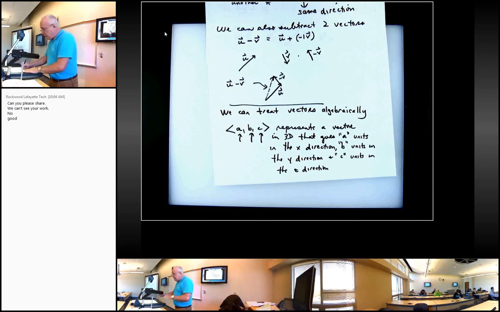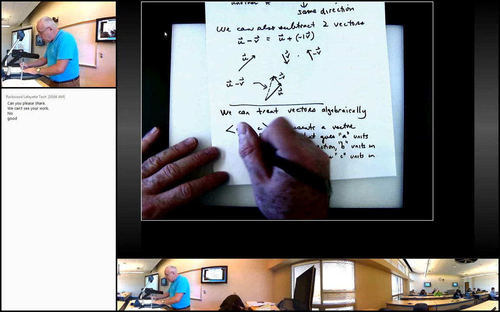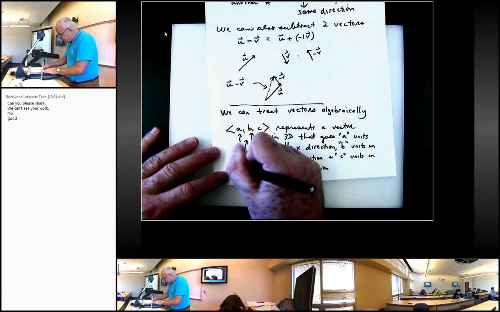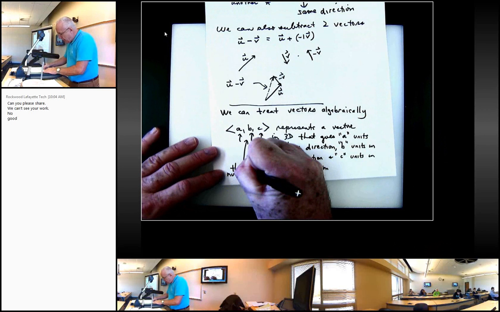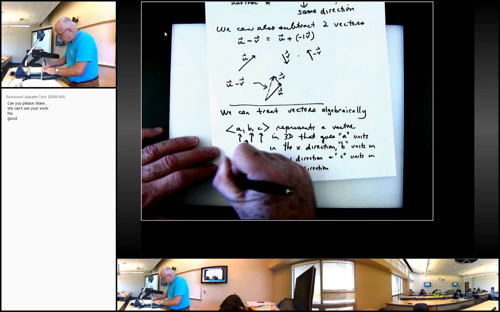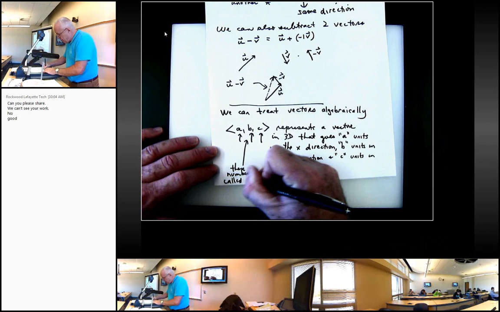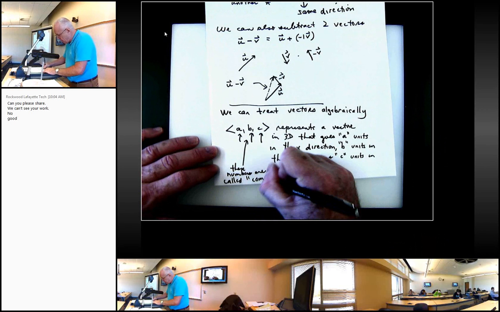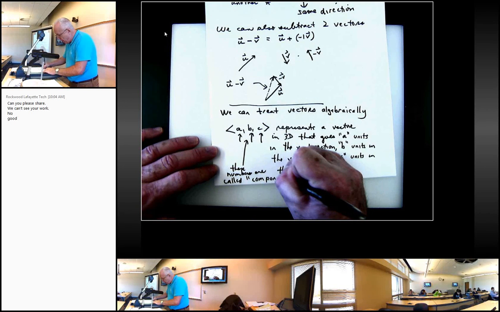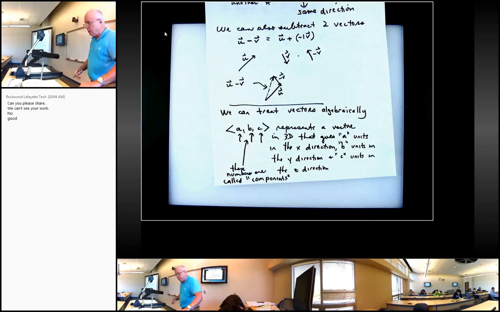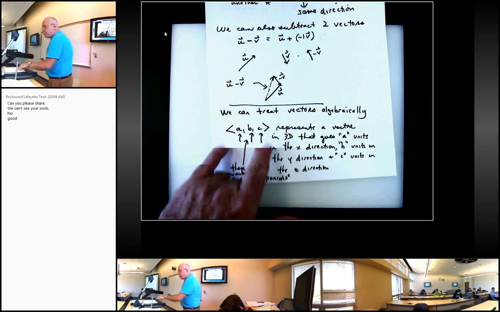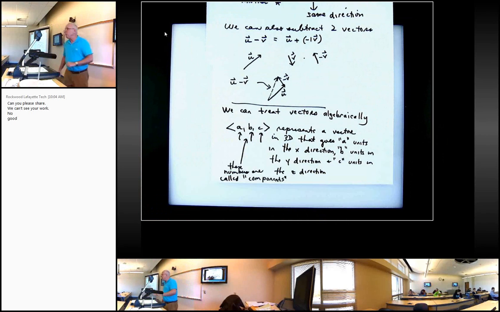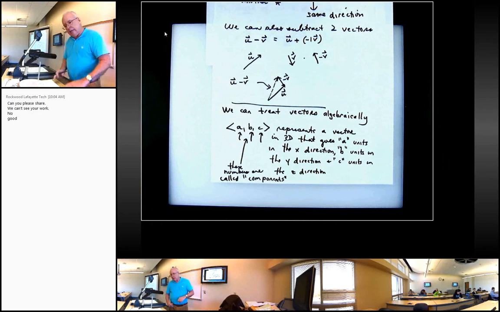These numbers here have a name, and they're called components. You can call these brackets or angle brackets, whatever you want, but that's the name for them.